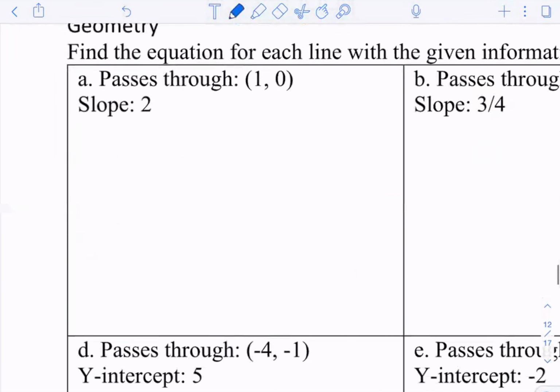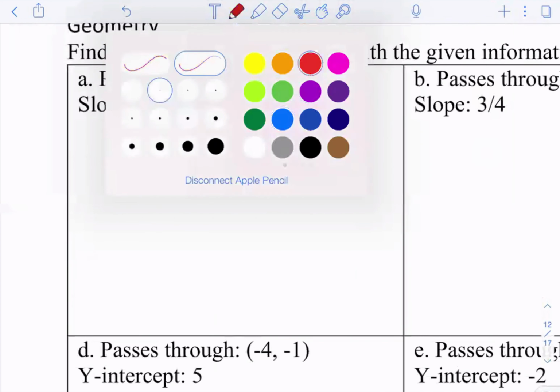Y equals, let's write the equation of the line. 2x, oh, sorry. No, that's nice. It's good to be thorough. 2x plus b. That's what we have so far. But they do give us another piece of information, a point.